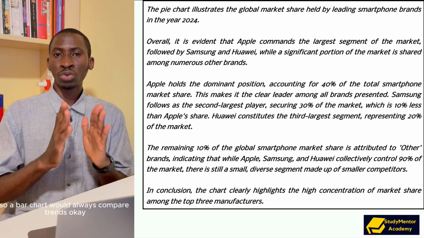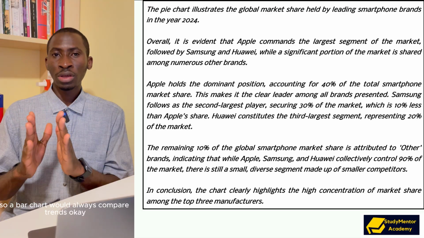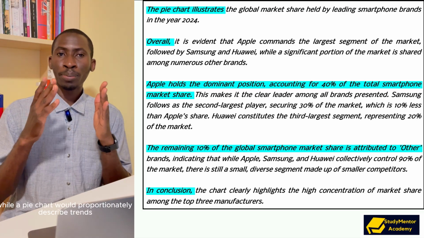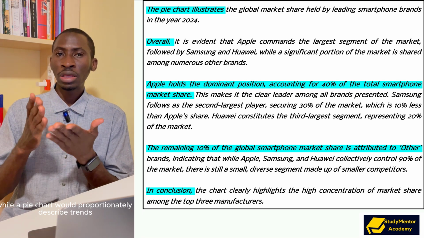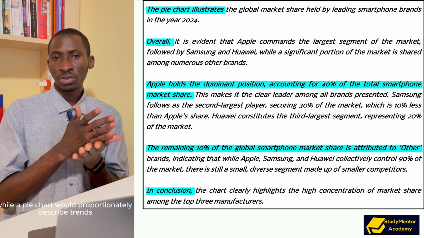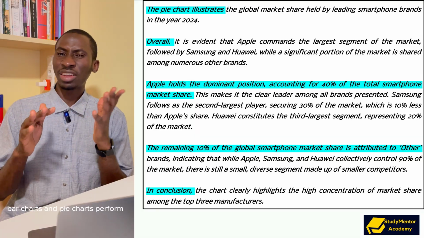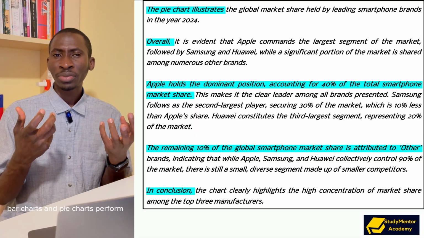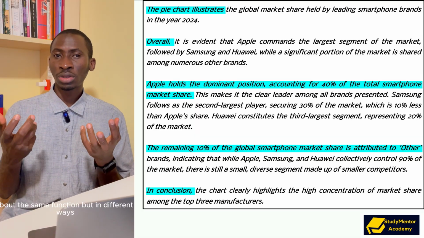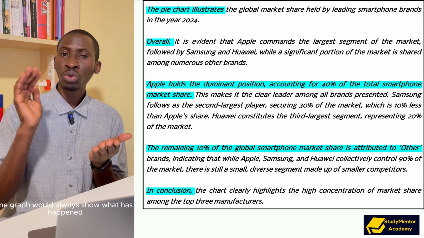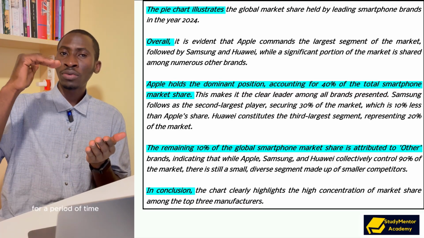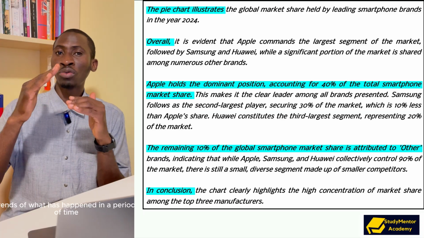So a bar chart would always compare trends, okay, while a pie chart would proportionately describe trends, what is happening. So bar charts and pie charts perform about the same function but in different ways. Line graph would always show what has happened for a period of time, trends of what has happened in a period of time.